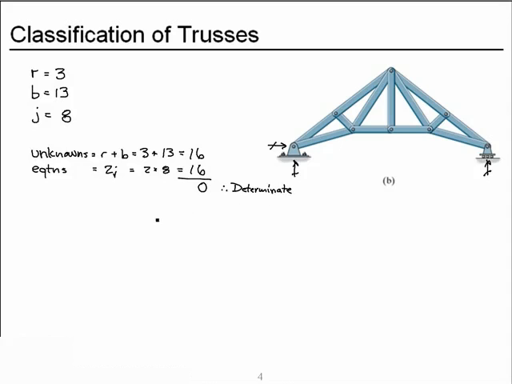Once again, I need to check internal stability. And again, all the shapes inside this truss are triangles. Therefore, it checks. It is determinate.